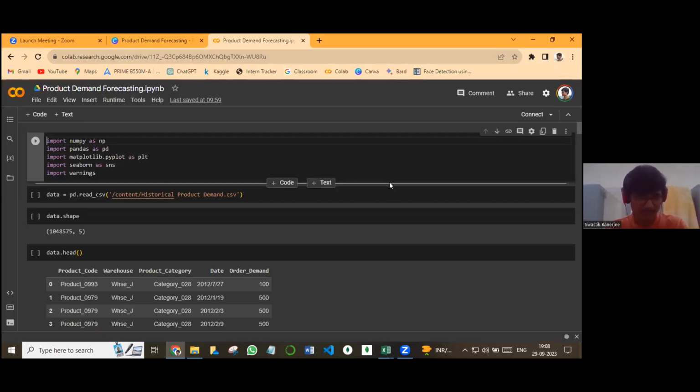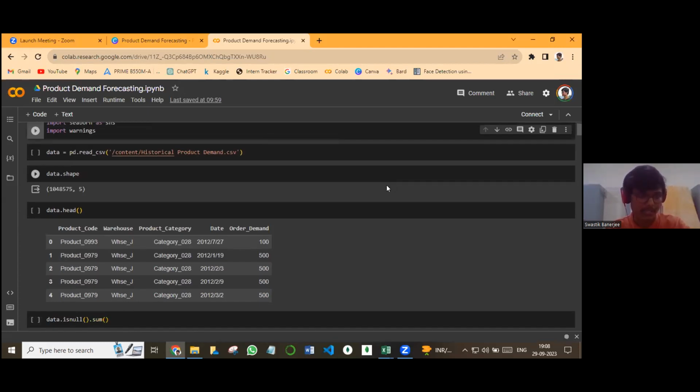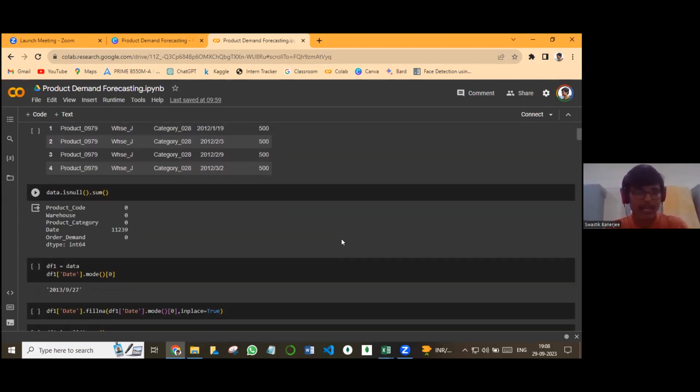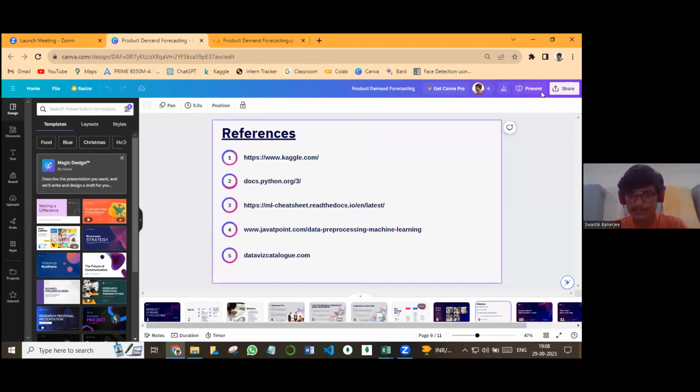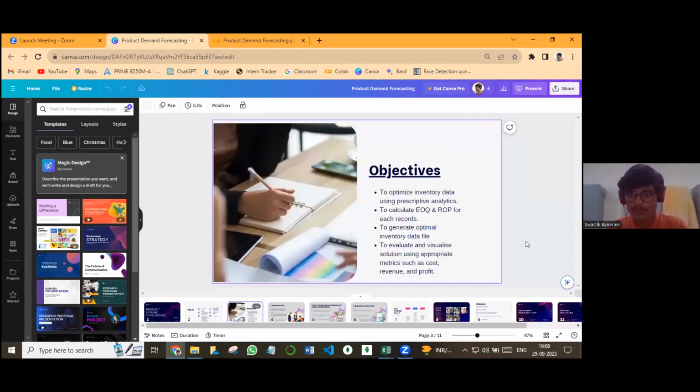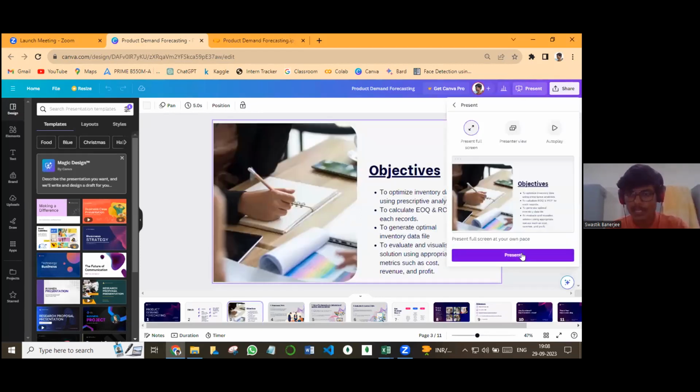So we import the data set first. We notice the shape of the data set, which is quite huge. It has 5 attributes. And what I can do after showing you the Colab notebook is to go through the first step.